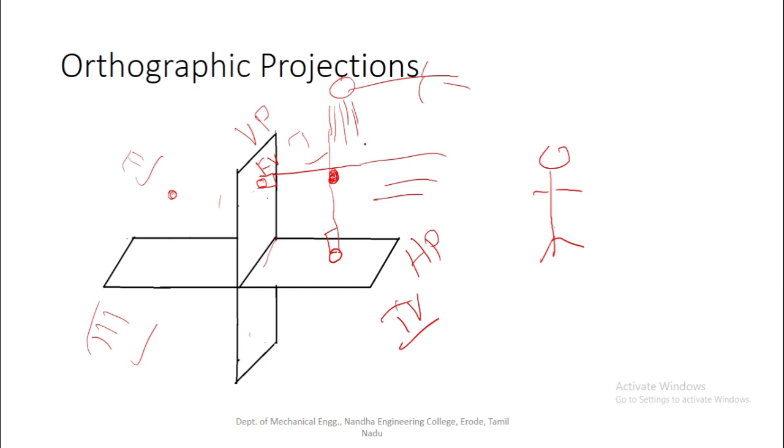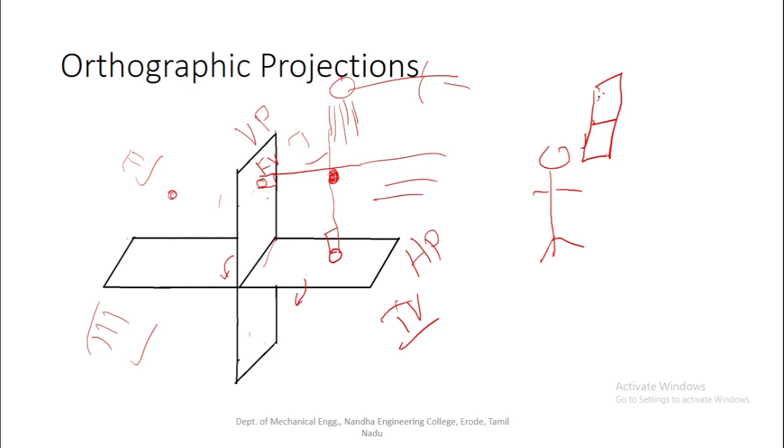But here the front view and the top view are oriented at 90 degrees. So to bring both the front view and the top view into the same plane, we have to rotate the vertical plane 90 degrees in the anti-clockwise direction, or rotate the horizontal plane 90 degrees in the clockwise direction. We follow only one convention universally, so it was decided to rotate the horizontal plane 90 degrees, so that both the vertical plane and the horizontal plane come into the same plane.